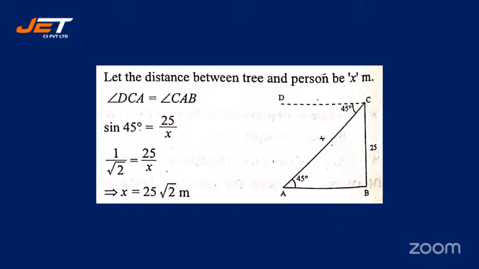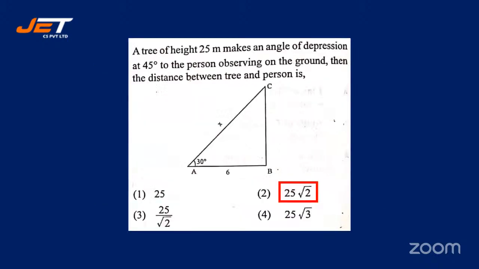So angle DCA is angle DCB, alternate angle. And here you have sine 45 because it is opposite side by hypotenuse, right? So sine 45 is 25 by x. So what is sine 45? 1 by root 2. Thereby x is equal to 25 root 2. So therefore, your option 2 is the correct answer.